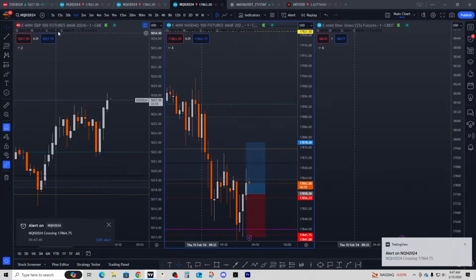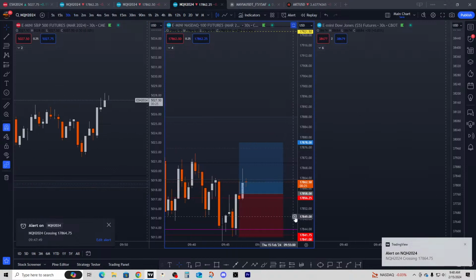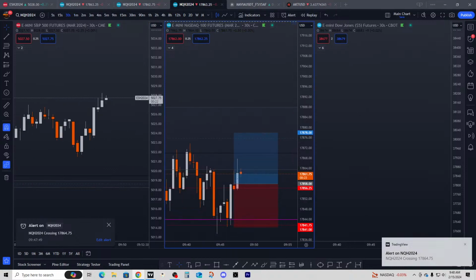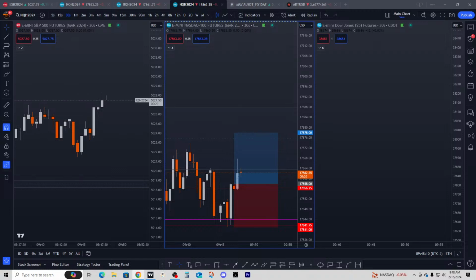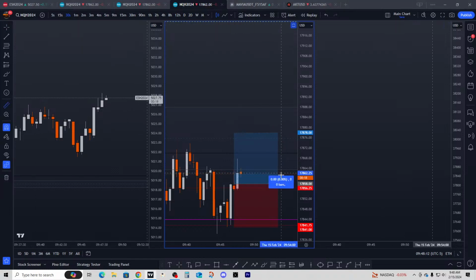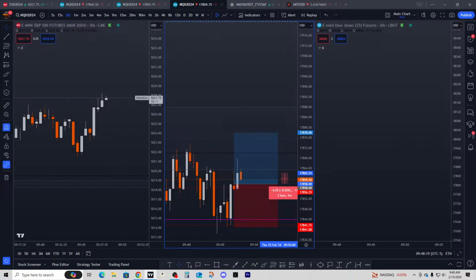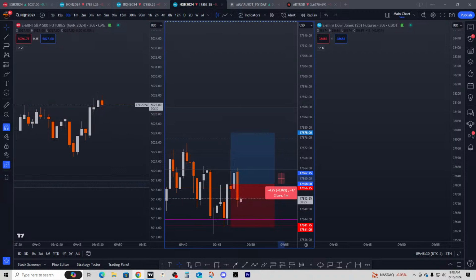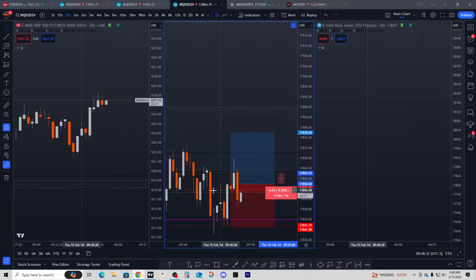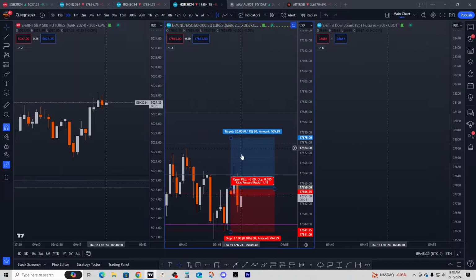That's just how it is in this type of environment, you know. Alright, stops to break even there, because we took out the swing high and then pulled right back down.